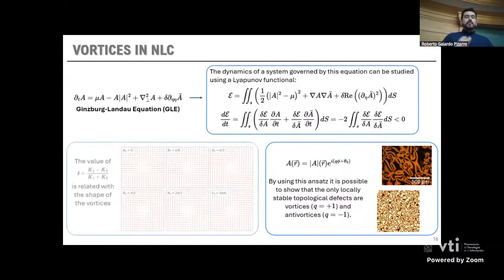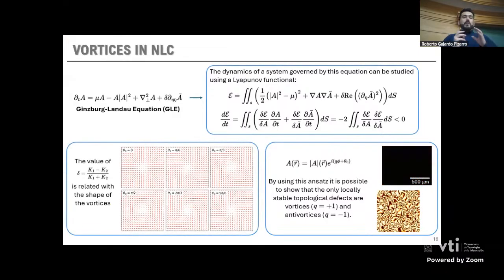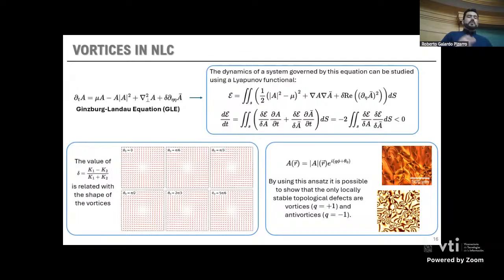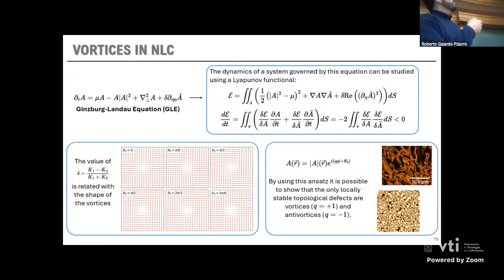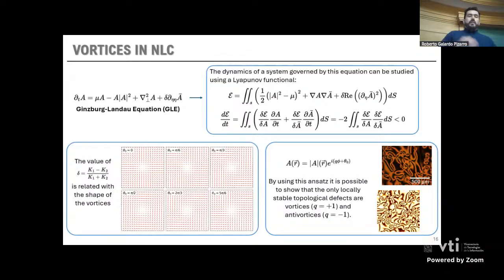On the other hand, it's important to understand that the way in which the order parameter is oriented around the singularities will be correlated with the elastic anisotropy of the system, if it's more twisted or more splayed, depending on the relation between K1 and K2.